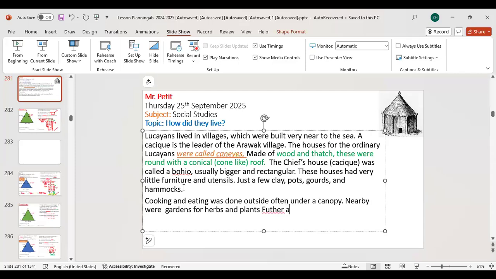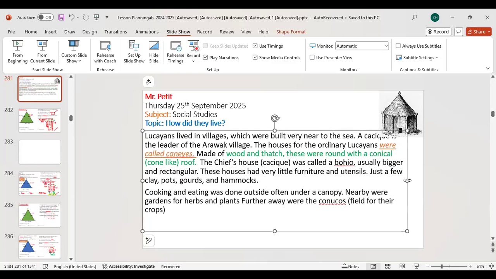Further away were the conucos, which is the field for their crops. All right, further away.